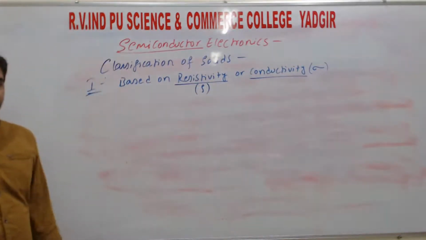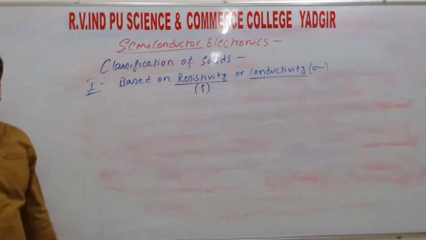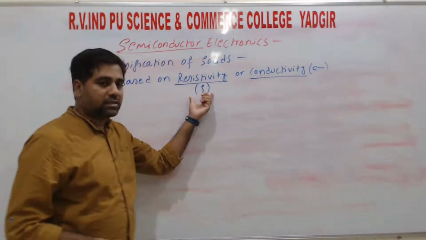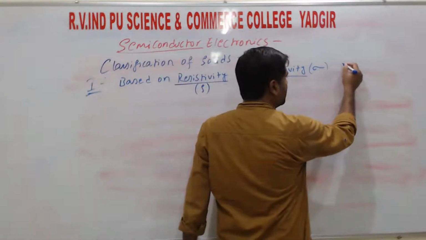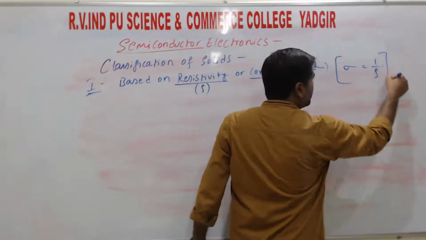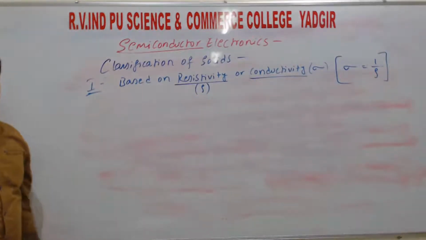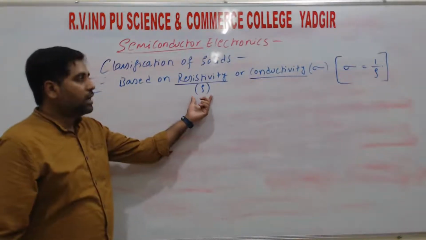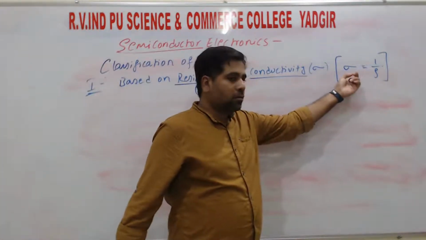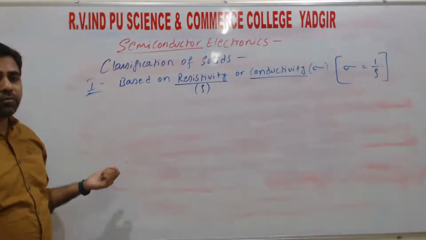In current electricity we define these terms, resistivity and conductivity. Resistivity is the resistance per unit length. Conductivity is the reciprocal of the resistivity. If we write the relation between them, sigma is equal to 1 divided by rho, right? So resistivity is the resistance per unit length, and conductivity is its reciprocal, or we can say resistivity is the reciprocal of the conductivity.